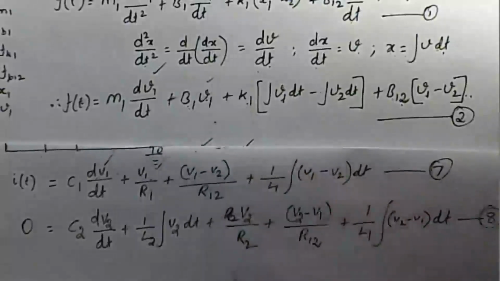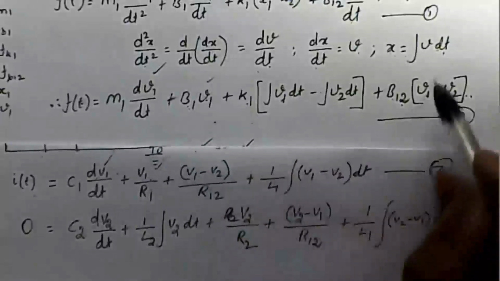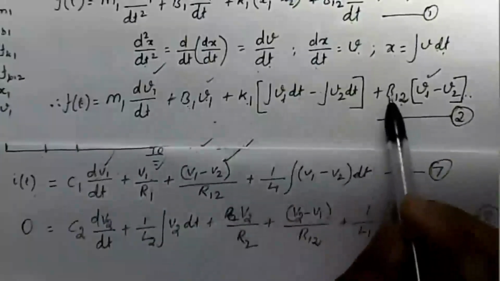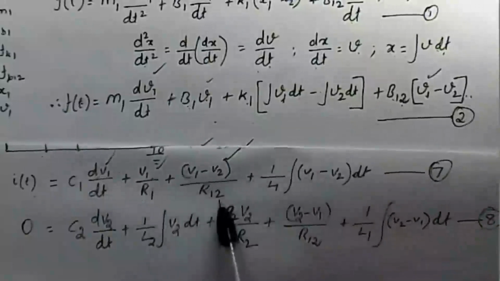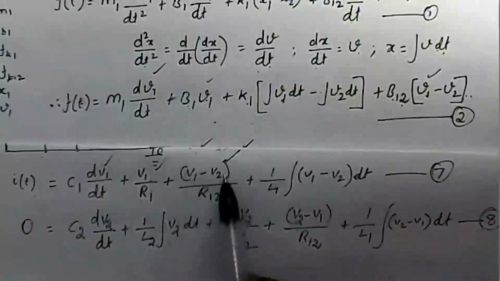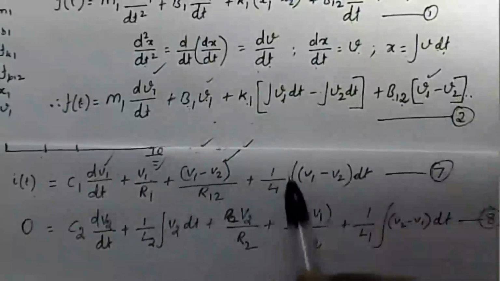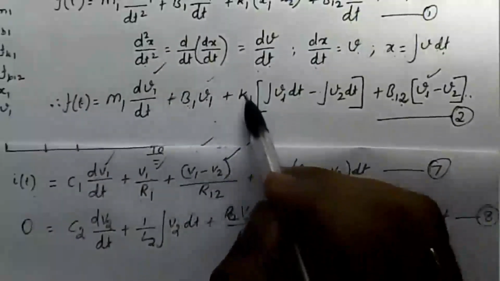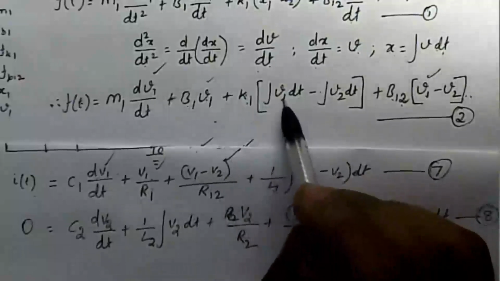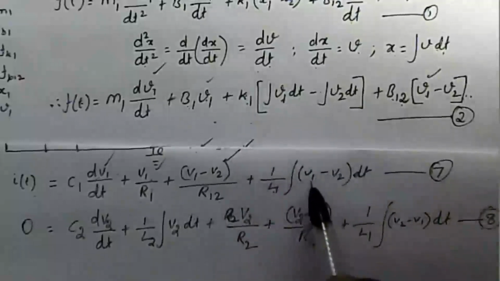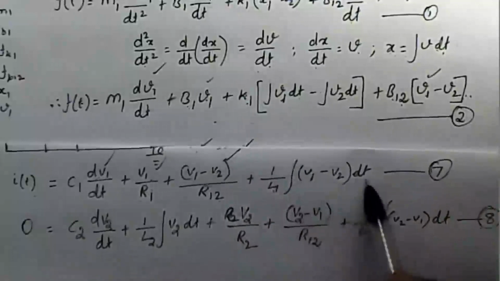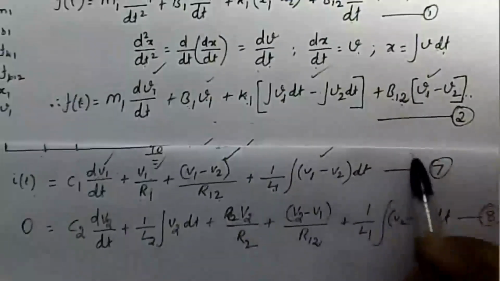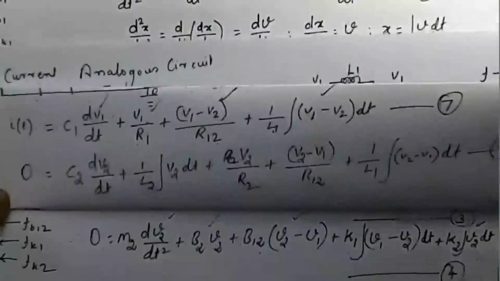Then the last terms are similar: here B12, here 1 by R12, here velocity difference, here voltage difference. Then the integral terms: 1 by L1, here K1, then integral of V1 minus V2 into dt. Here also the voltage terms V1 minus V2 into dt. These two terms are similar. These two equations are similar.